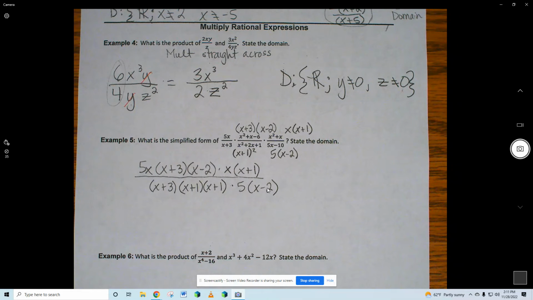Then I go through and I look at what can I cross out. There's a lot that I can cross out. Start crossing things out, top and bottom.